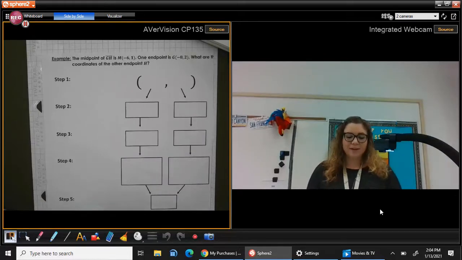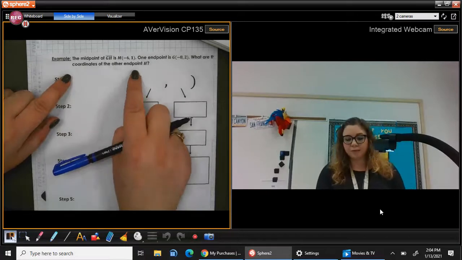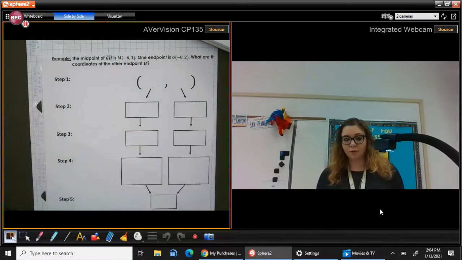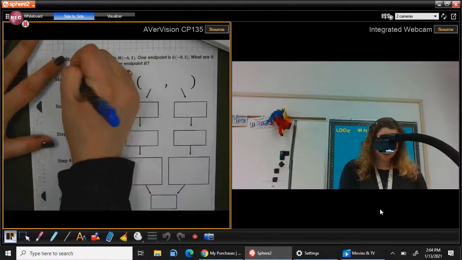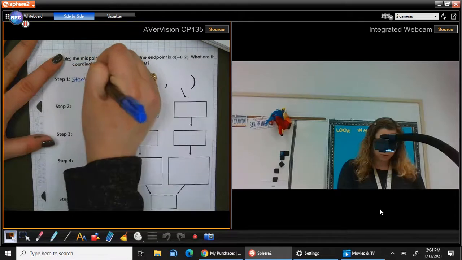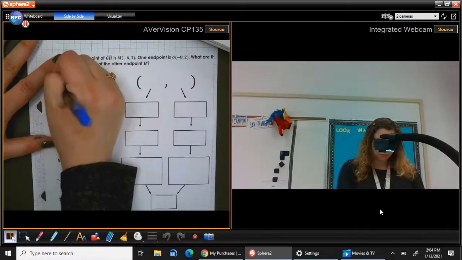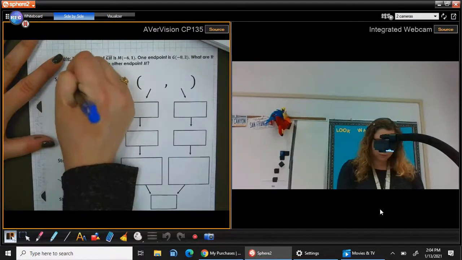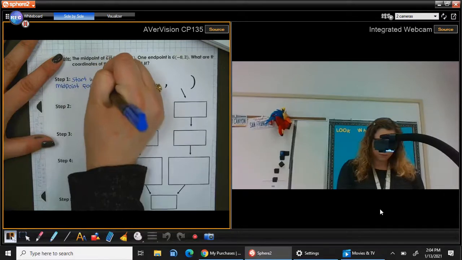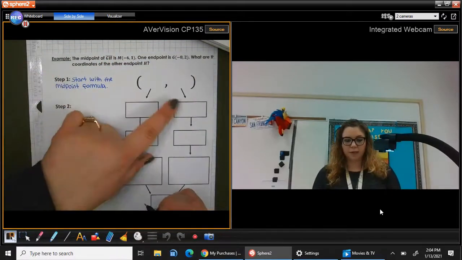Okay. So if you're given a problem like this and you want to find an endpoint, the first thing you're going to do is start with the midpoint formula. So I'm going to write my midpoint formula in these little boxes.